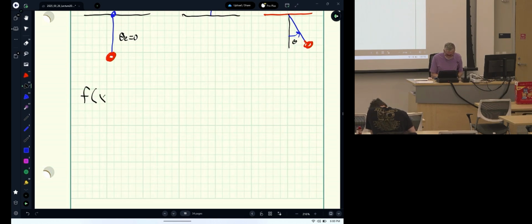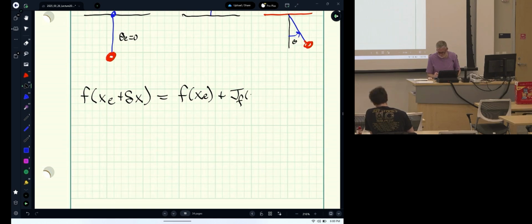So I take f at the equilibrium. That's zero. So this is just the linearization of a nonlinear function about a point. This is just a constant matrix.